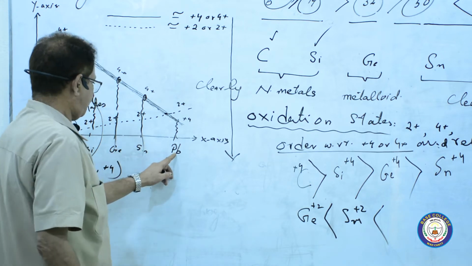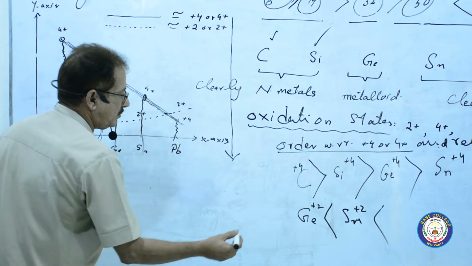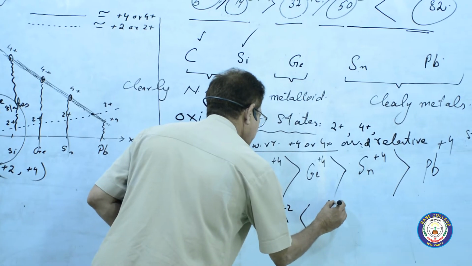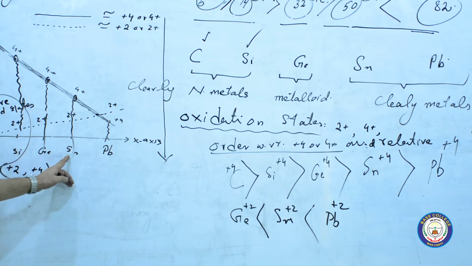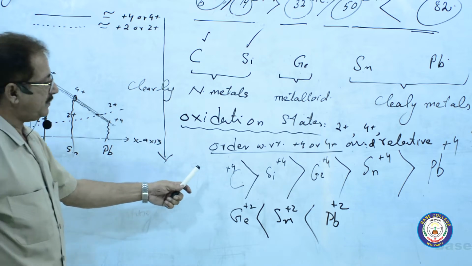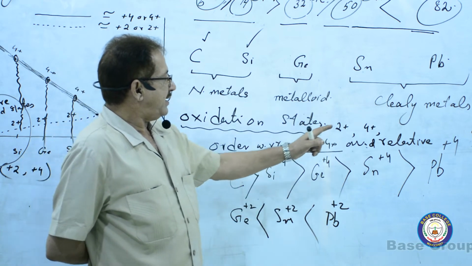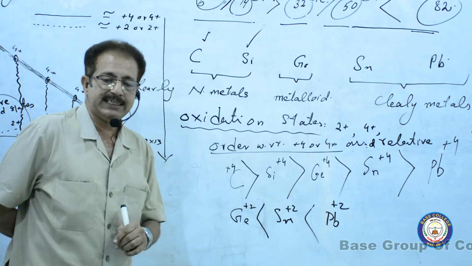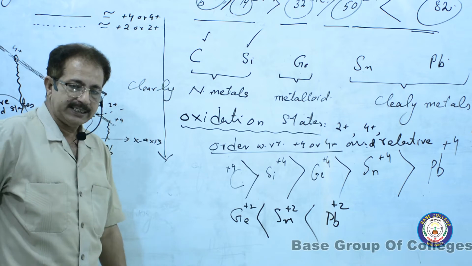The stability of Pb plus 2 is greater than that of what? Tin. This is another order. The first order was the decreasing order of the relative stability with respect to plus 4 oxidation states. The second order is with respect to plus 2 oxidation state.